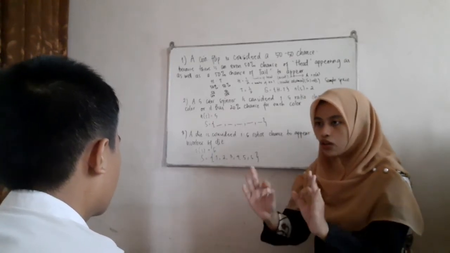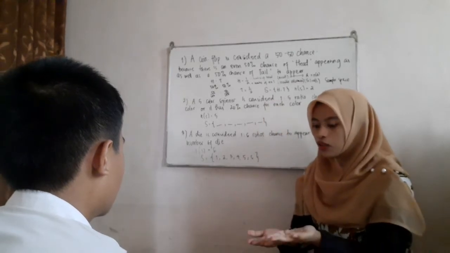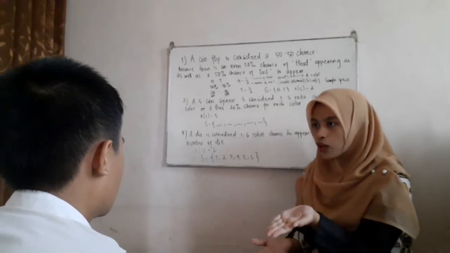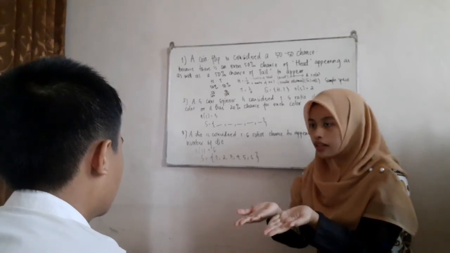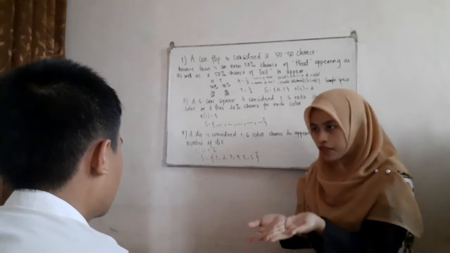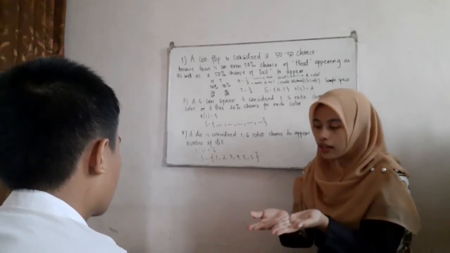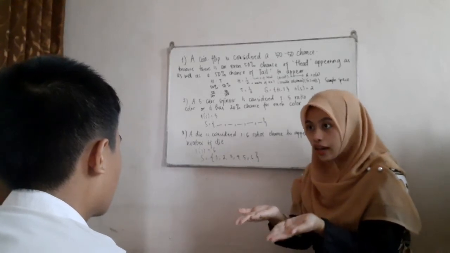If you have two coins and you toss them together, it could be the first coin shows head and the second coin shows tail. But it's also possible that the first coin shows head and the second coin shows head too.